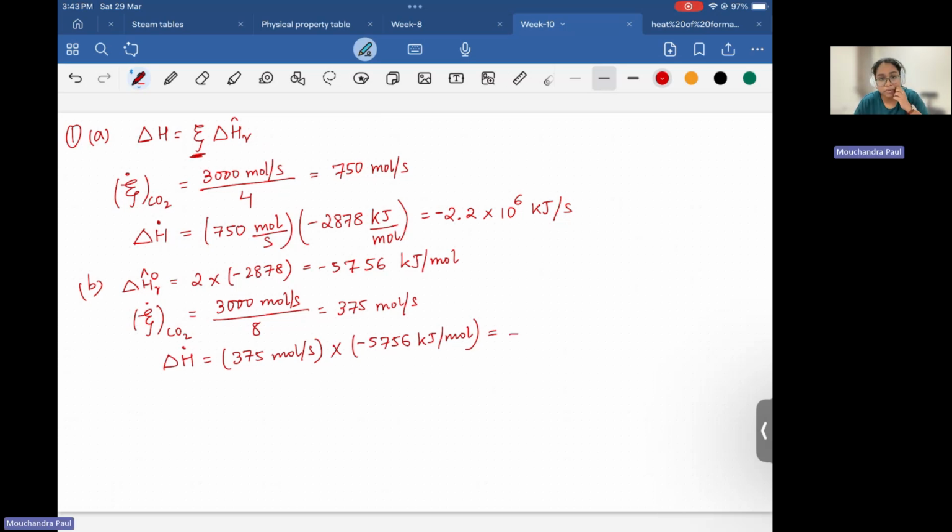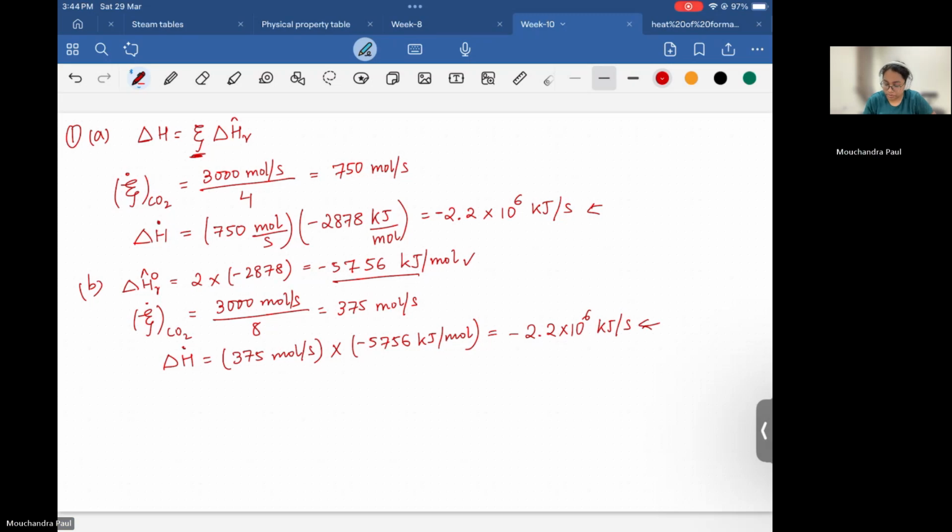Will come out to be 2.2 times 10 to the power 6 kilojoule per second. If you notice carefully here, the value of standard heat of the reaction did change, but the enthalpy change for the same number of moles of CO2 produced in both the cases is exactly equal.